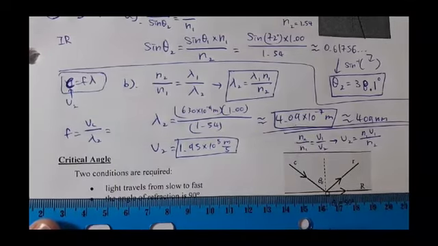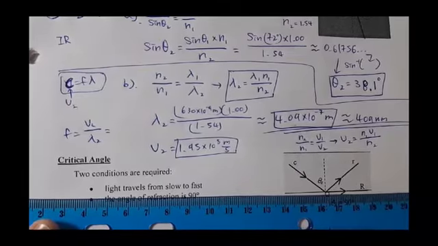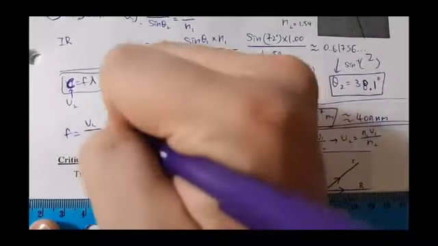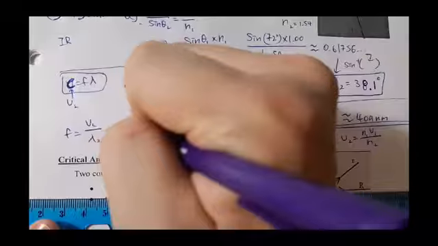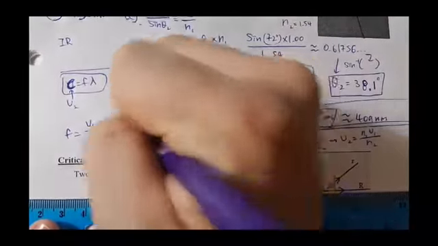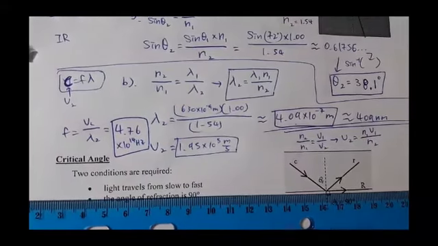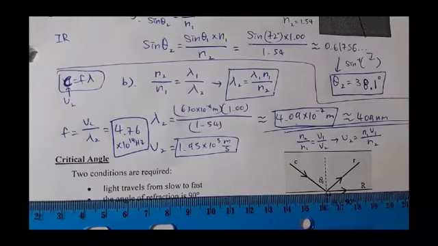Again, try to use the numbers that you preserved in your calculator. Then you have 4.76 times 10 to the power of 14 hertz. And that's what you need to eventually have. That is an example.